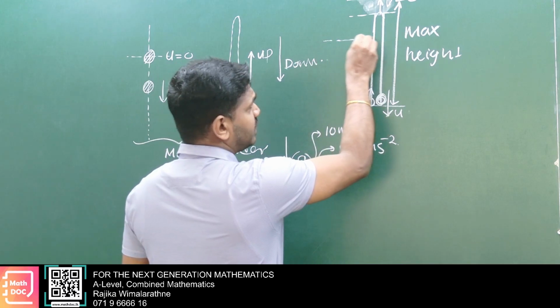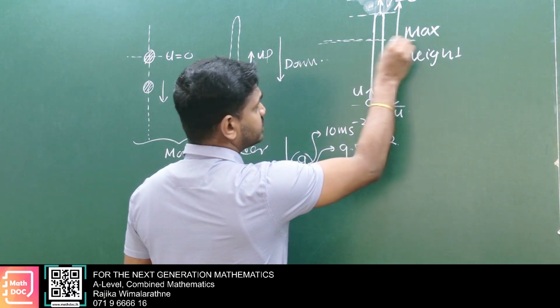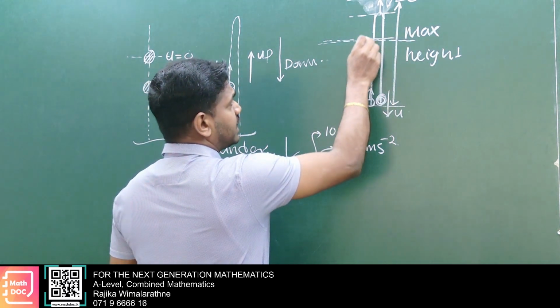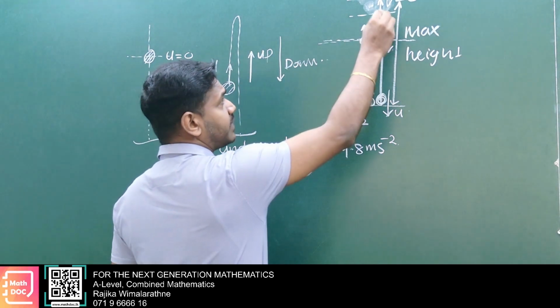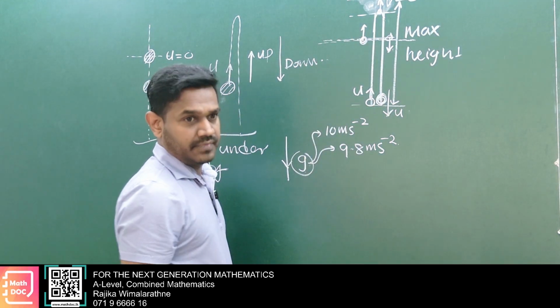Consider some horizontal level. The particle passes that level in both upward motion and downward motion. But maximum height is at only one place.